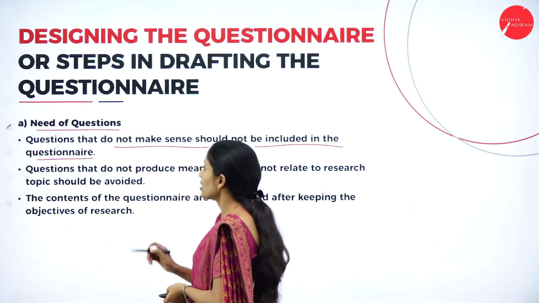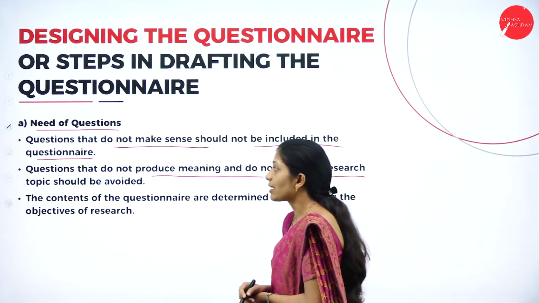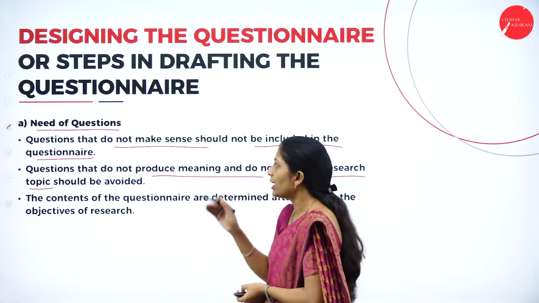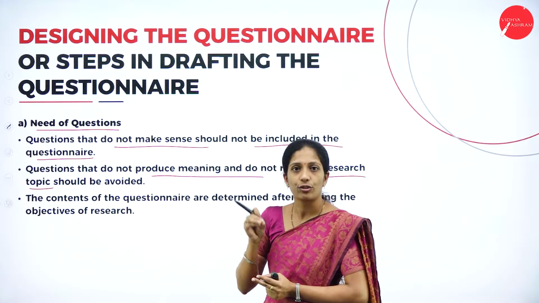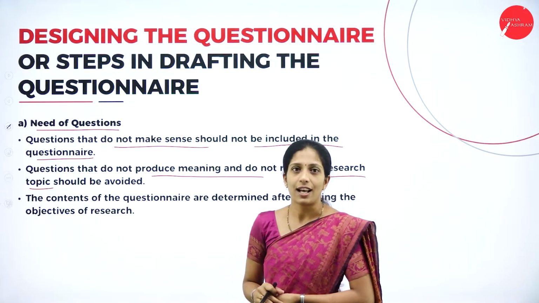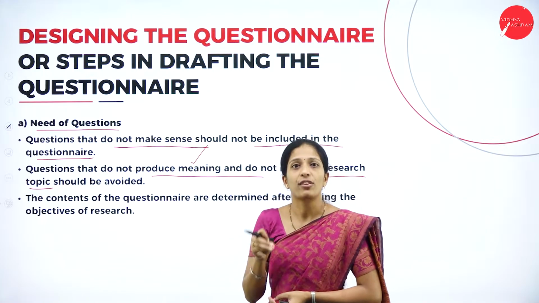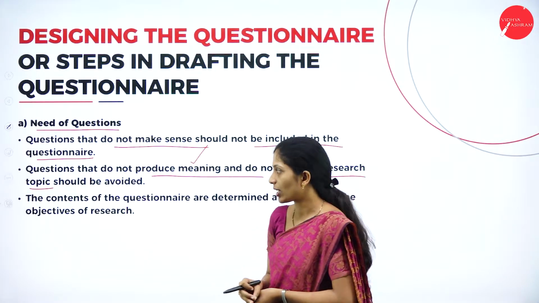Next one, questions that do not produce meaningful results and do not relate to the research topic should be avoided. It's nothing but an unwanted question. Questions of another topic, not related to this particular topic, have to be ignored, and the question should produce some meaningful results. Such type of questions has to be included in the questionnaire.